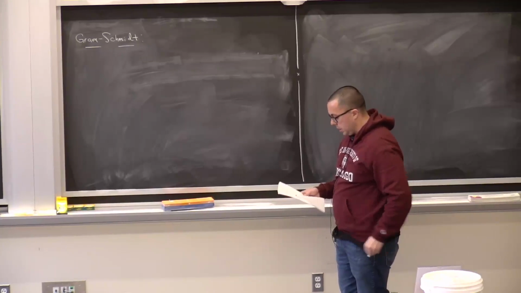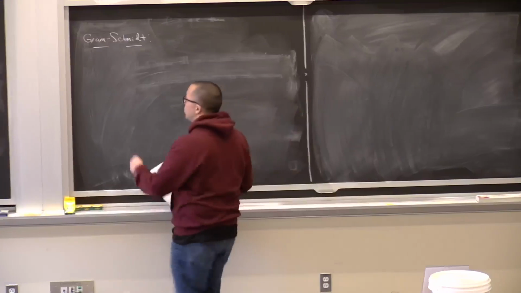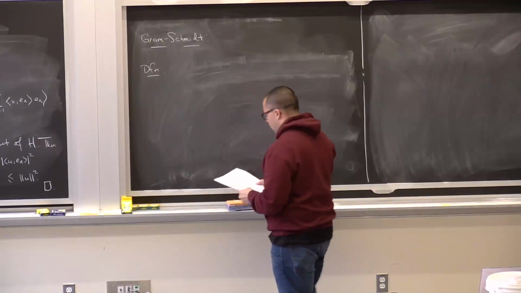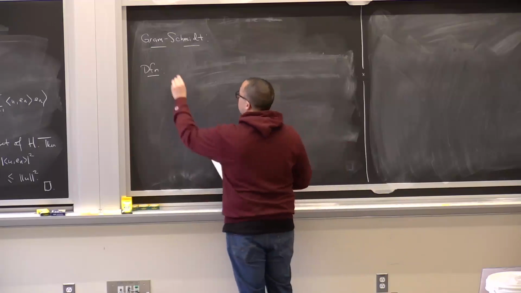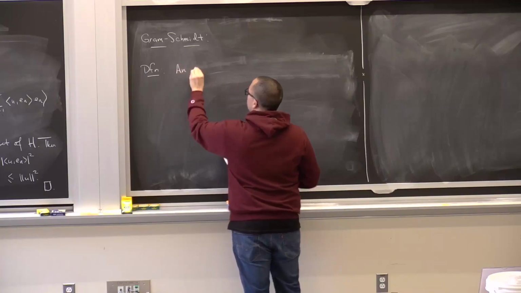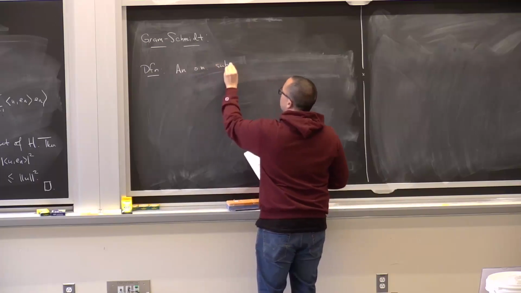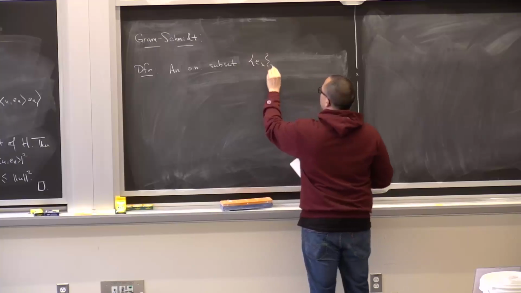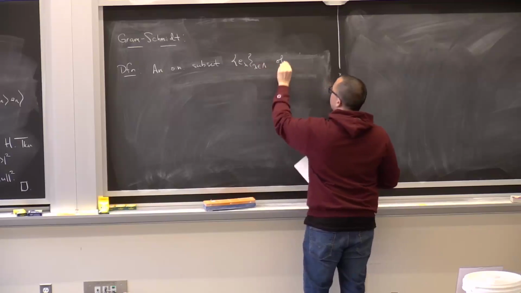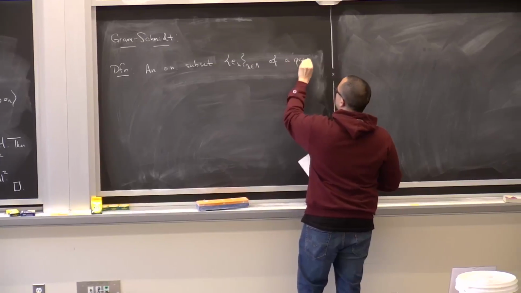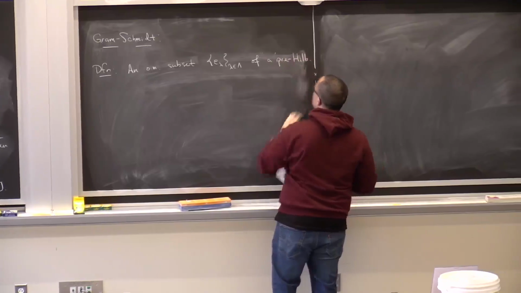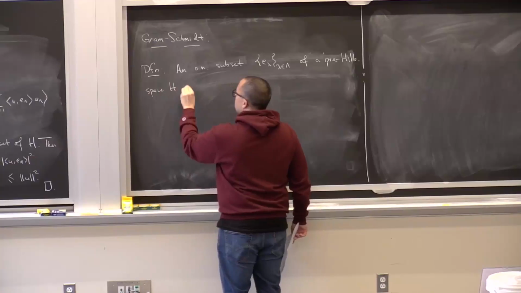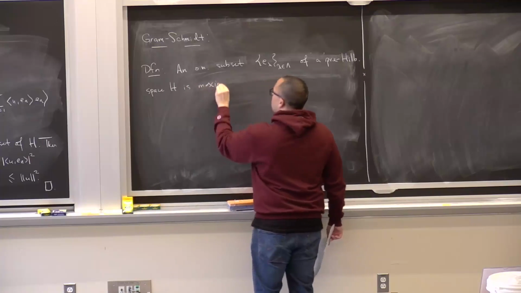But a more useful type of orthonormal set is a maximal orthonormal set, which is defined as follows: an orthonormal subset e_lambda, lambda in capital Lambda, of a pre-Hilbert space H is maximal.